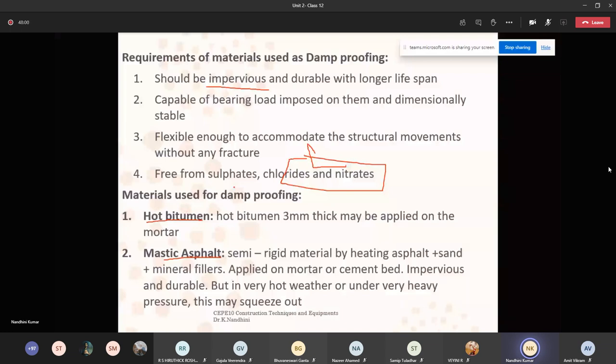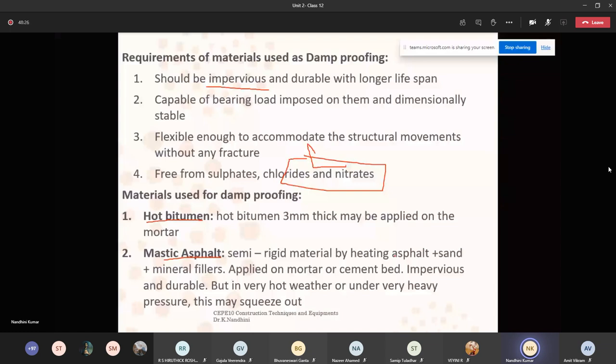Once you heat it, it will get stuck to your material. Hot bitumen 3 mm thick may be applied on the mortar. Once your mortar is laid, over that you provide this hot bitumen. Mastic asphalt, semi-rigid material, by heating asphalt along with hot asphalt mixed with sand and mineral fillers.